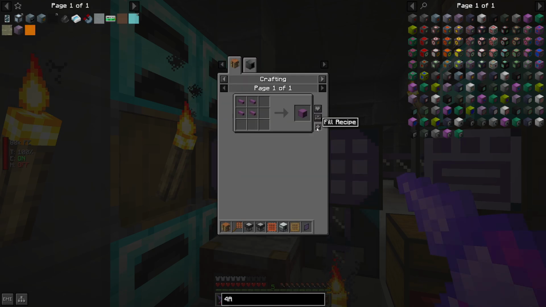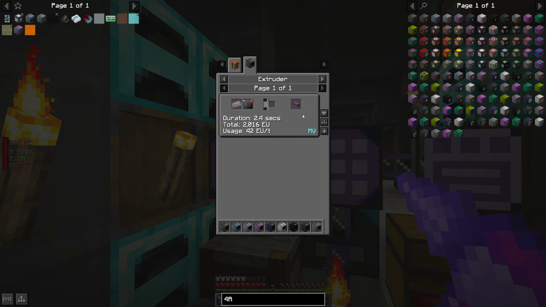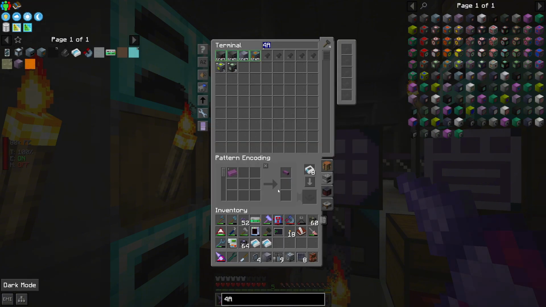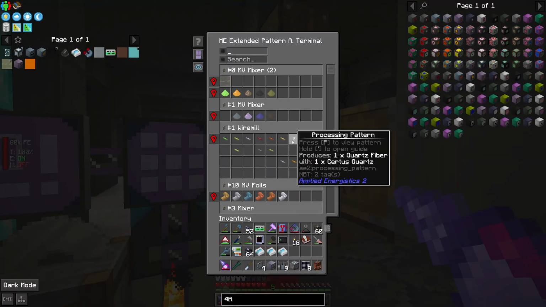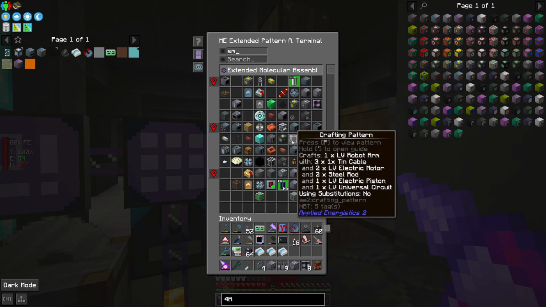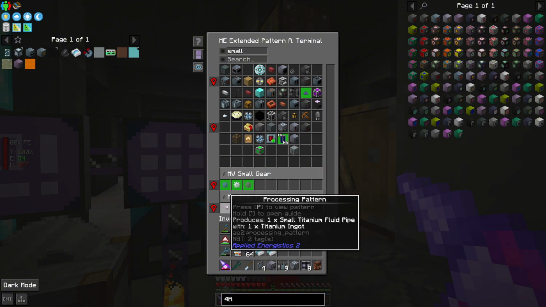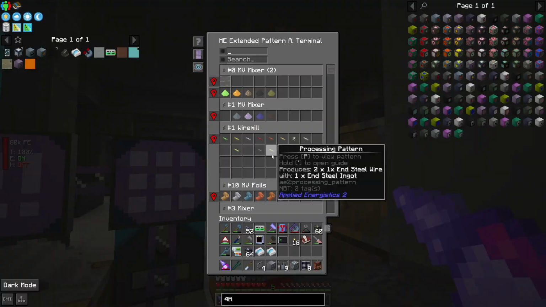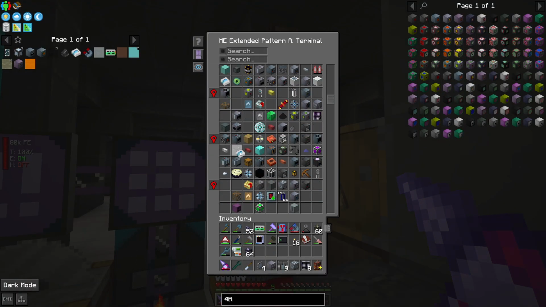Then we're going to take the recipe here, put that, and then titanium ingot and an extruder gives us the pipe. And I did make an extruder for small pipes off camera. So now all we've got to do is put these recipes in here.